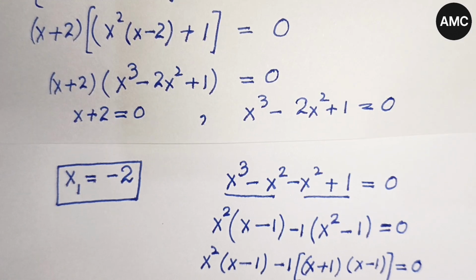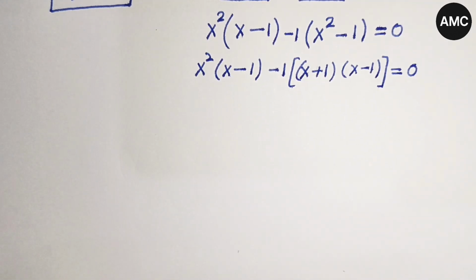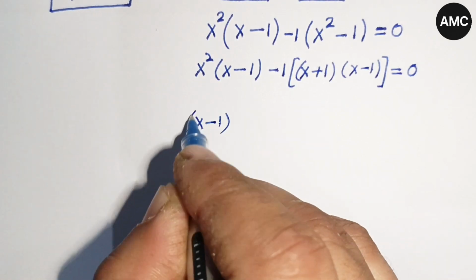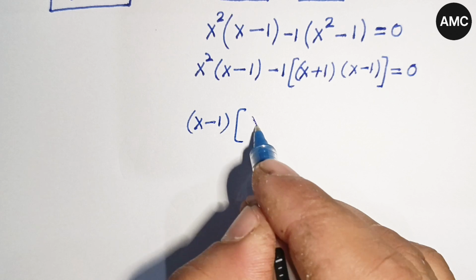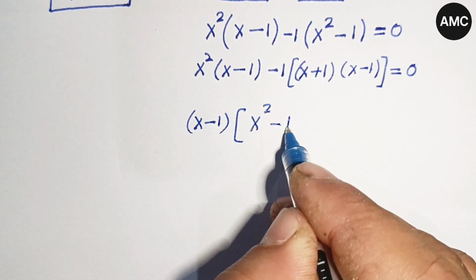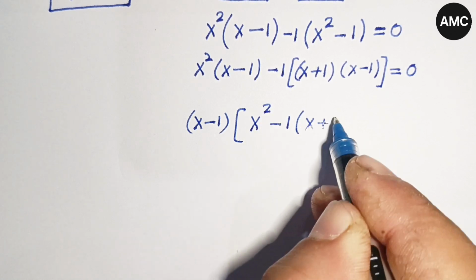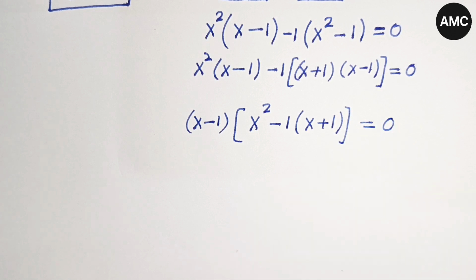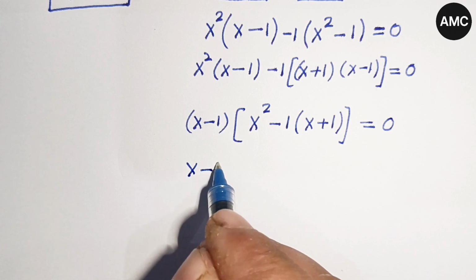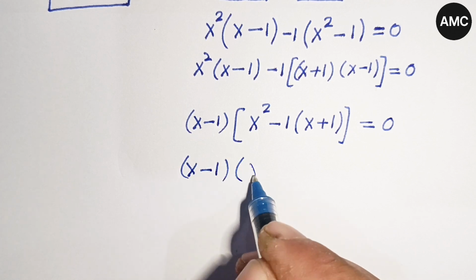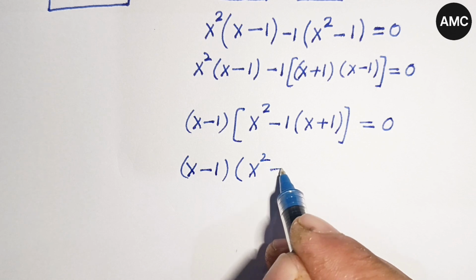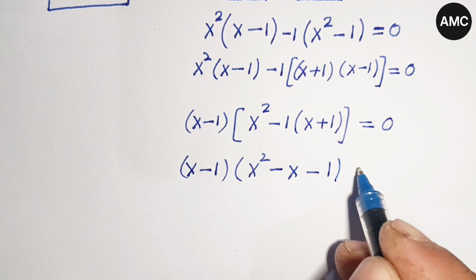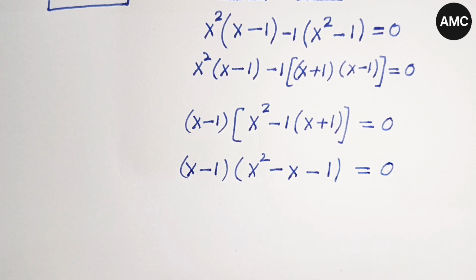Now we see that x − 1 is a common term, so if we take x − 1 common, we have (x − 1) times (x squared, minus 1 times x is −x, and minus times plus is −1), is equal to 0.